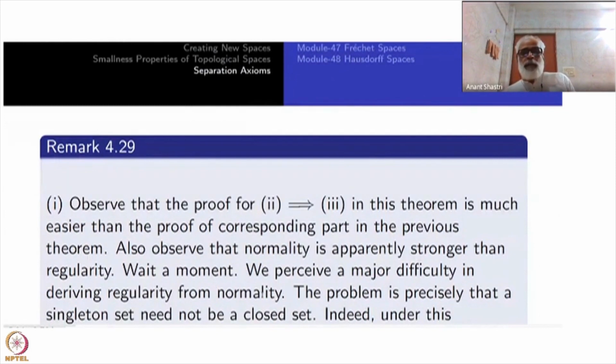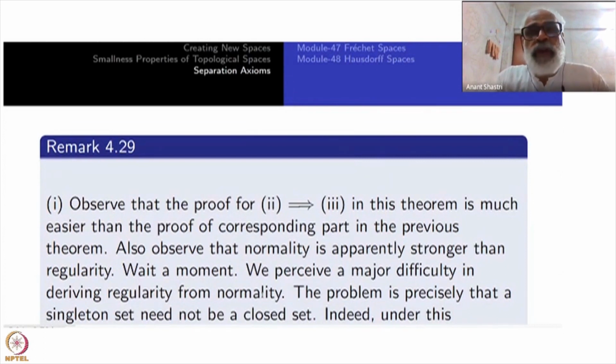normality is apparently stronger than regularity. Why? Because in regularity a point and a closed set are separated. Here, any two closed sets are separated. But you have to be careful.